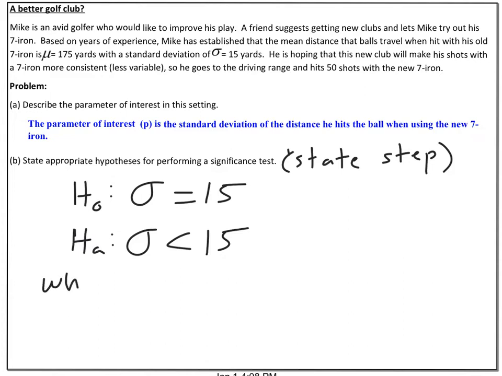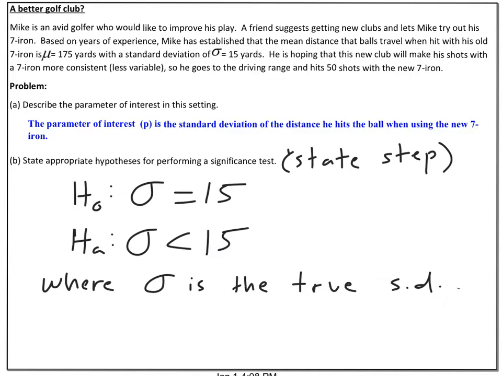Now the third thing I have to have is I need to define sigma. It's the true standard deviation. One thing I'm going to add to this in terms of context, my units are yards, and in H0 and HA I didn't say that, and realistically I should.